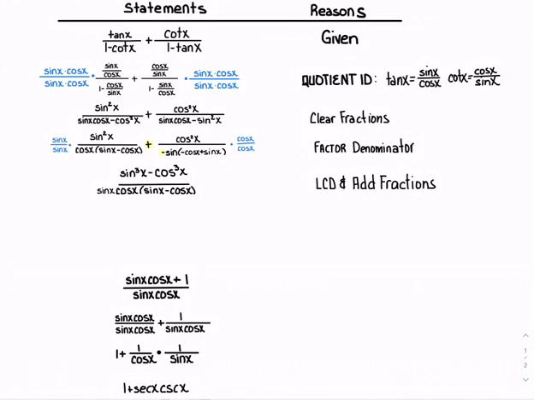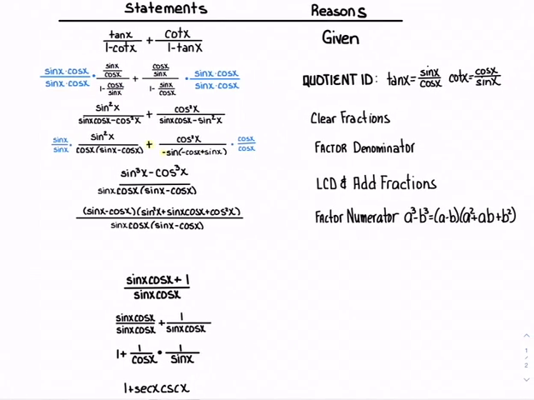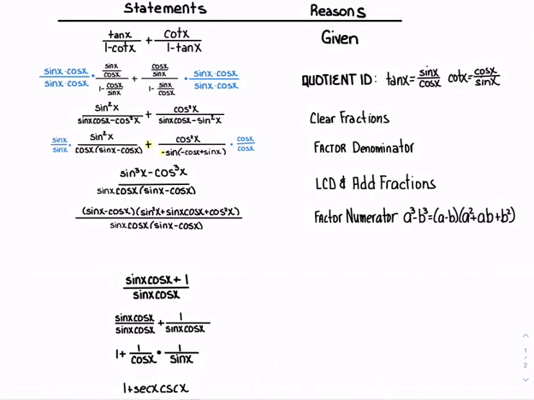It now says sine cubed x minus cosine cubed x, and that's just because that negative I can put to the middle. The numerator is the difference of cubes. So I'm going to factor sine cubed x minus cosine cubed x using that a cubed minus b cubed formula.